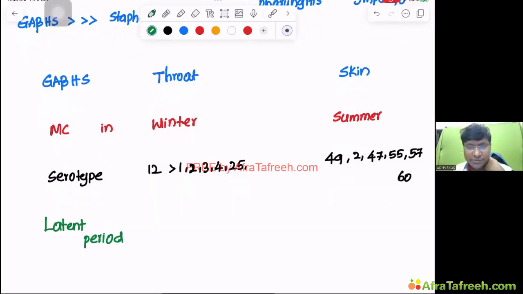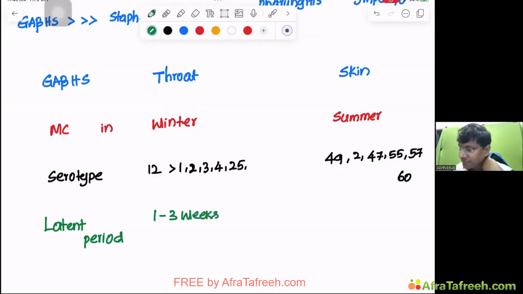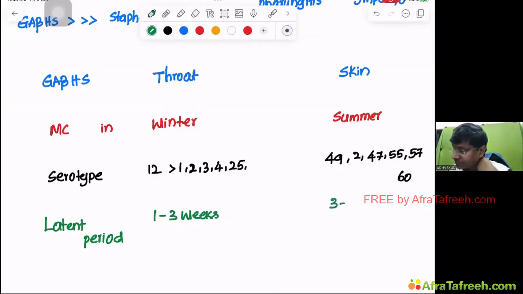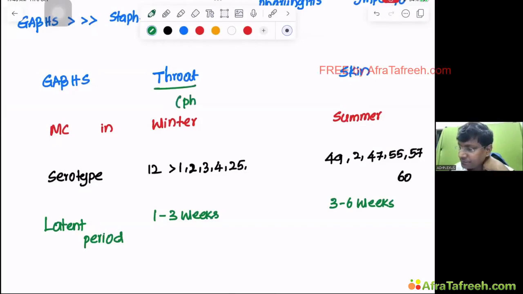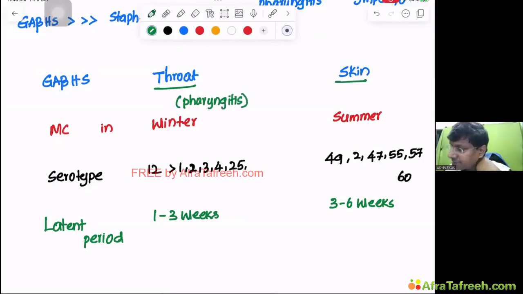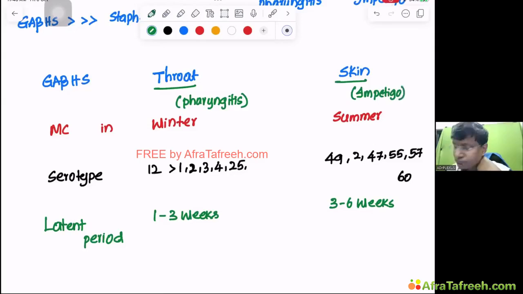Latent period for the throat infection is nearly around 1 to 3 weeks, whereas the latent period for the skin infection will be around 3 to 6 weeks. So these are the differences between your throat infection, that is pharyngitis, and skin infection, that will be impetigo. Okay, so these are the differences, right?